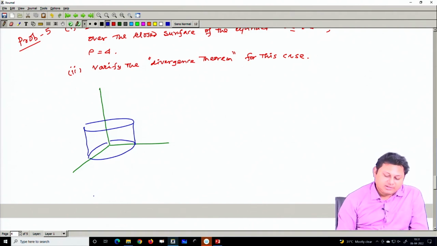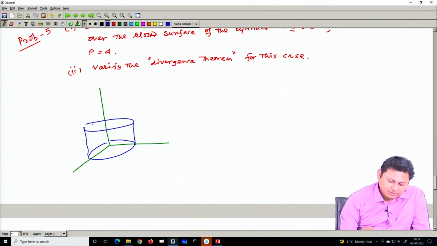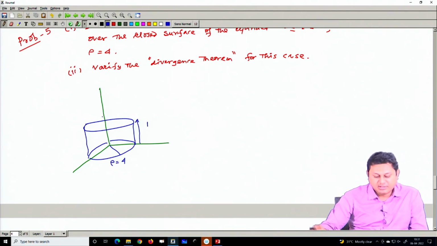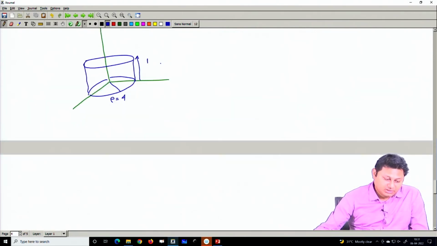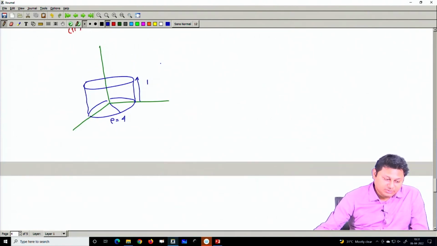So this is the cylinder where the height z is unit and rho is 4. Roughly this is a closed surface and first we need to calculate the flux of the closed surface. So, how many surfaces are there, first we need to calculate.